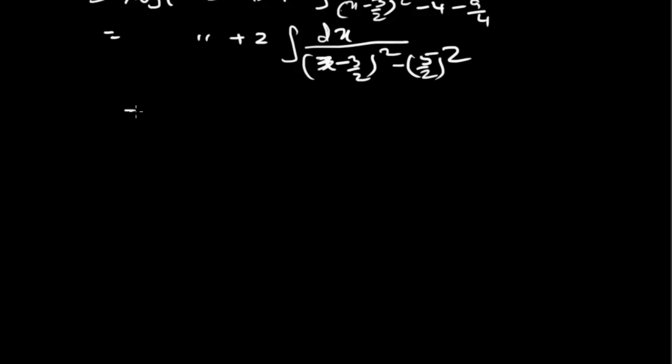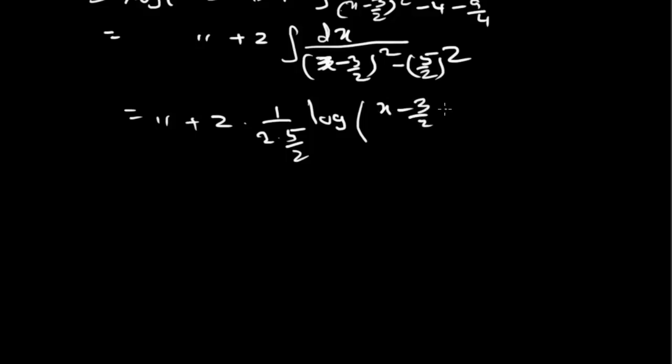Same thing, we can write ditto here, plus 2 into, for x squared minus a squared, it is 1 by 2a, 2 into 5 by 2 into log of (x minus a) by (x plus a): (x minus 3 by 2 minus 5 by 2) by (x minus 3 by 2 plus 5 by 2), plus c.